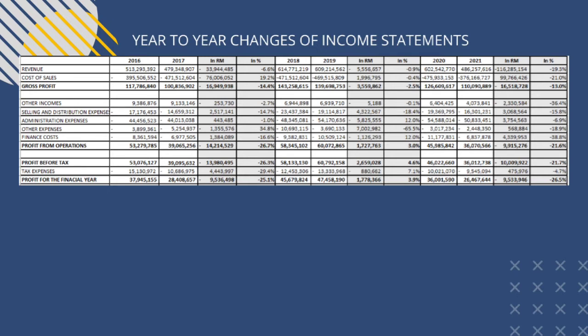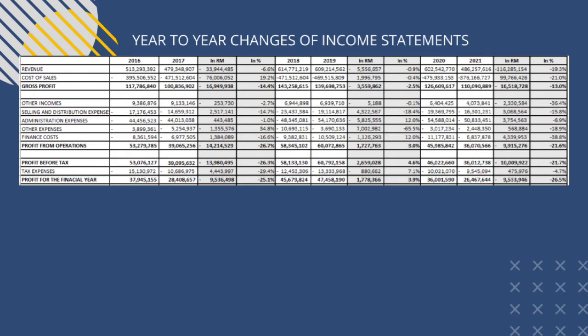Same goes to year 2018 and 2019, a negative figure is seen at negative 2.5% caused by less revenue from previous year. Next, in year 2020 and 2021, total loss is negative 13.0% caused by decreasing value of revenue.